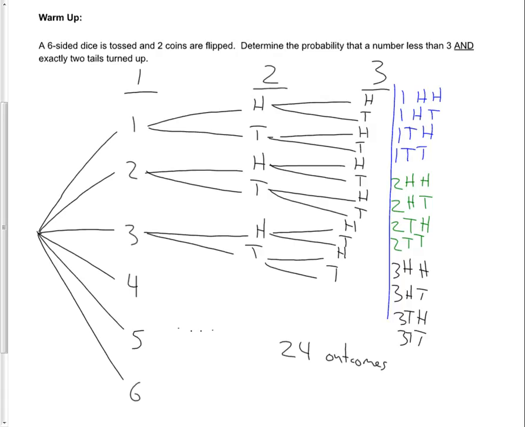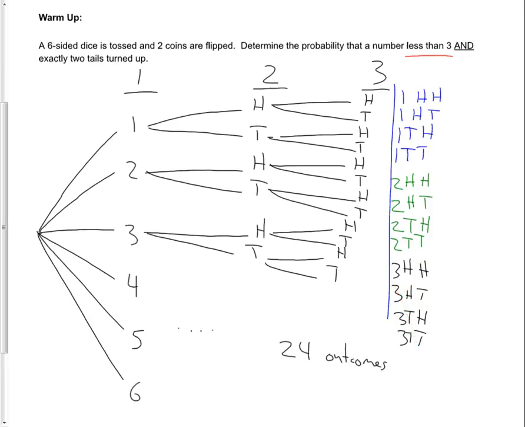Our situation here is that we need a number that is less than 3. If it's less than 3, the only numbers that we have that are less than 3 are 1 or 2. So we can't use the bottom part here, because those numbers are not less than 3.